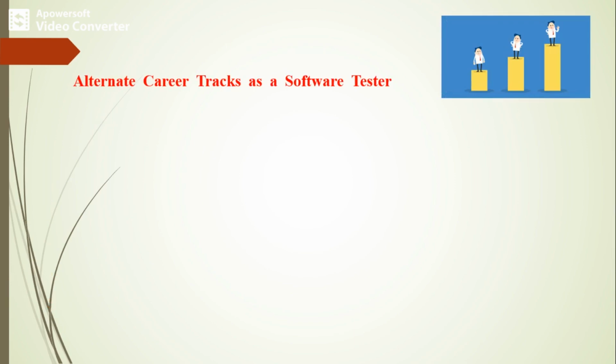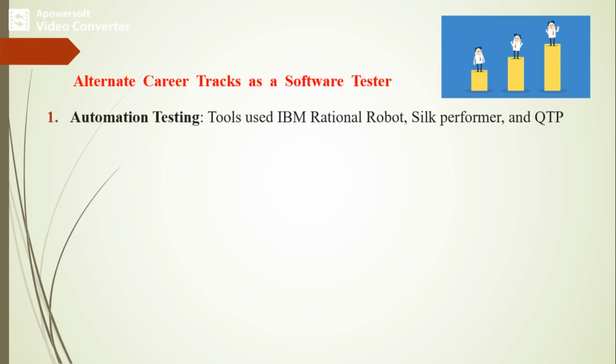Are there any alternate career tracks? Yes, sure, there are some alternate career tracks as a software tester. First one is automation testing. Here the tester will use a different set of tools.